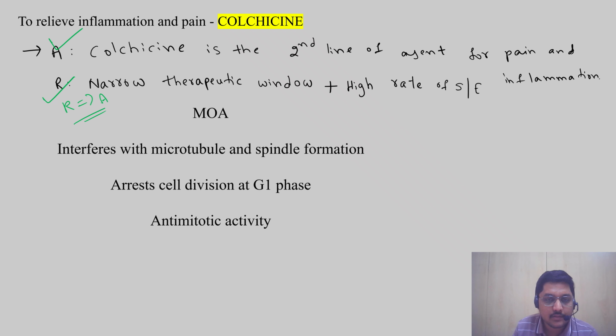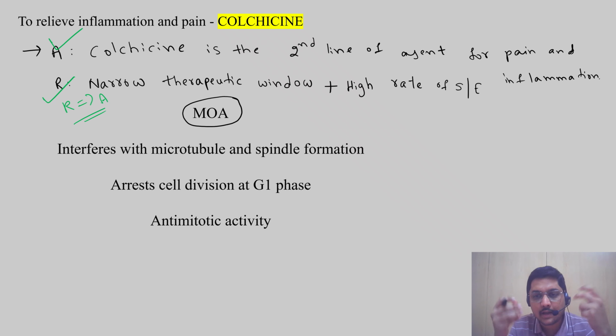What are the things which we should know about colchicine? What is the mechanism of action of colchicine? Colchicine directly acts on the microtubules in actively proliferating cells, like in bone marrow or neutrophils, which actively proliferate during infection or inflammation.